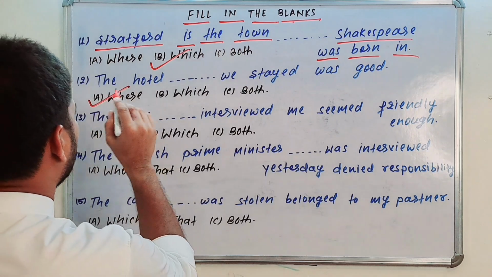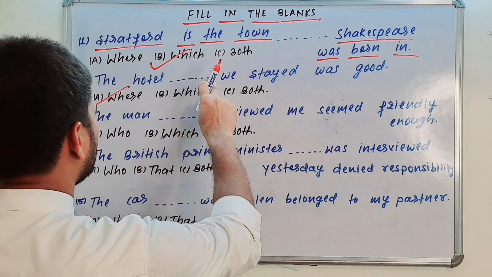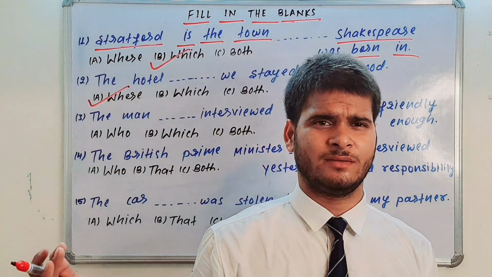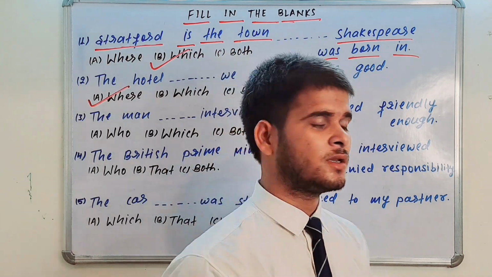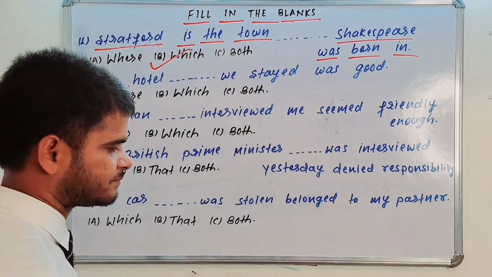Option A: the hotel where we stayed was good. They are not discussing something; they are discussing a place where the hotel was. So like that, the hotel where we stayed was good.